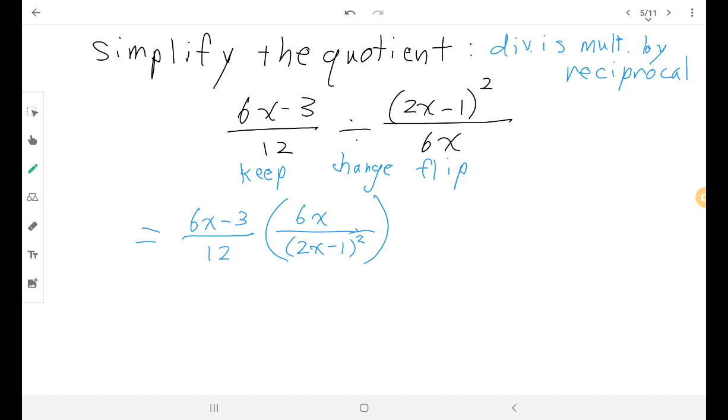Now we got to start factoring things out, pulling things apart, doing all that. So let's take a look here. Look at this. I could factor a 3 out of that, right? All that stuff can be divided by 3. When I do that, I get 2x minus 1.